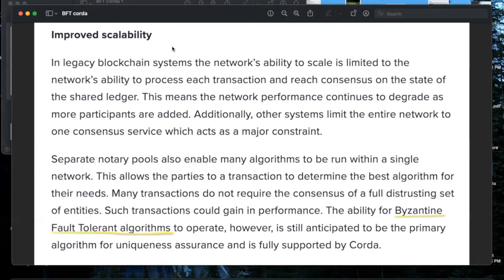This allows the parties to transact and to determine the best algorithm for their needs. Many transactions do not require the consensus of a full distrusting set of entities. Such transactions could gain in performance. The ability for Byzantine fault-tolerant algorithms to operate, however, is still anticipated to be the primary algorithm for uniqueness assurance and is fully supported by Corda.